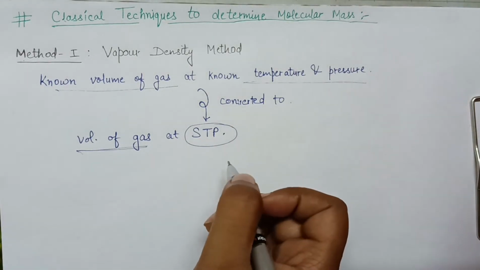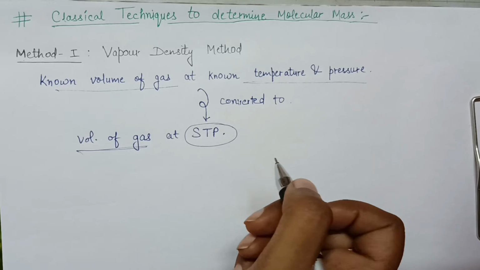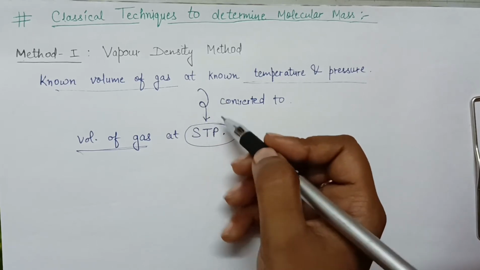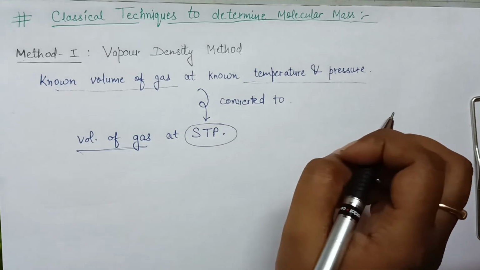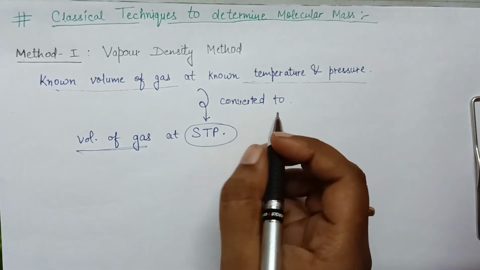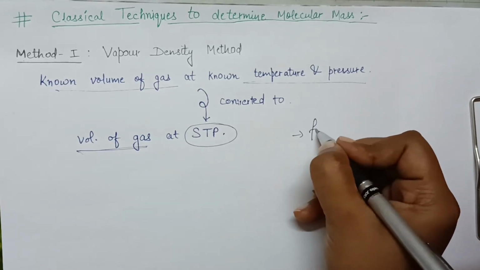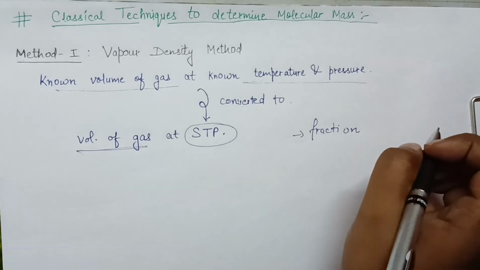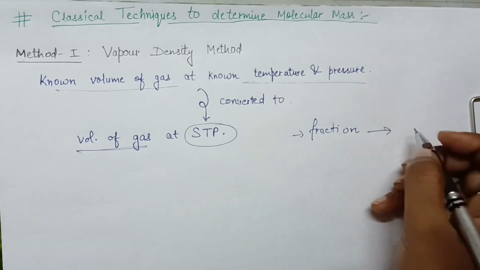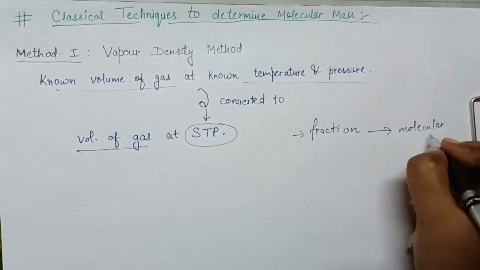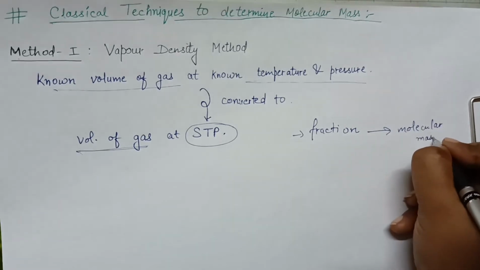Now we can determine what fraction of 1 mole that volume represents. From that fraction we can calculate the molar mass or molecular mass of the unknown compound.